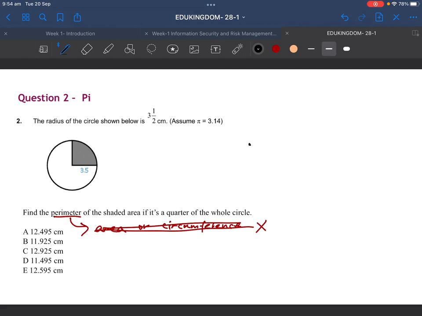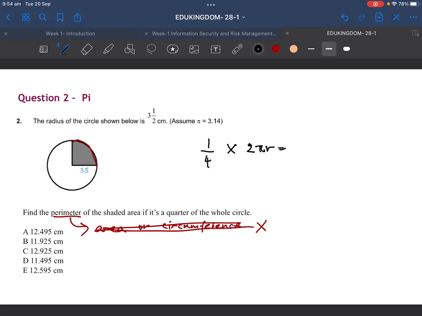So first of all, what do we know circumference to be? Circumference of a circle is 2 pi r, right? And why am I trying to find the circumference of the circle? Because we realize this shaded area has a quarter of the circumference. So a quarter of 2 pi r must be what we're looking for.